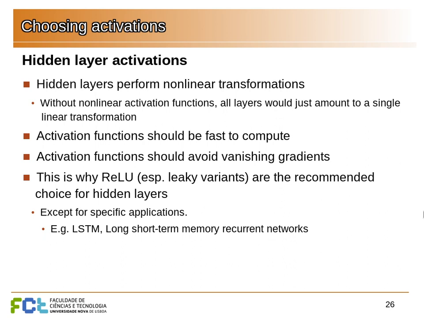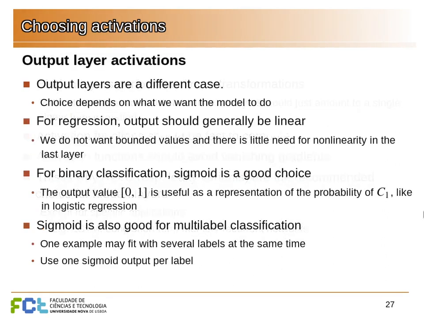There are some exceptions. For example, long short-term memory recurrent networks use specific types of neurons and activations inside the architecture. We are not going to cover this, but in general, when you are designing your own network, rectified linear units or leaky ReLU should be the norm for the hidden layers.